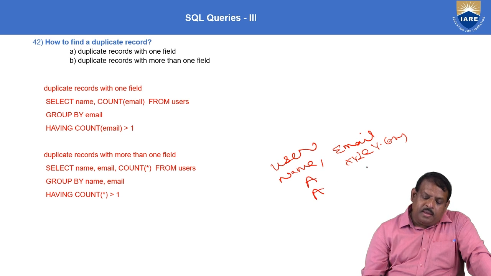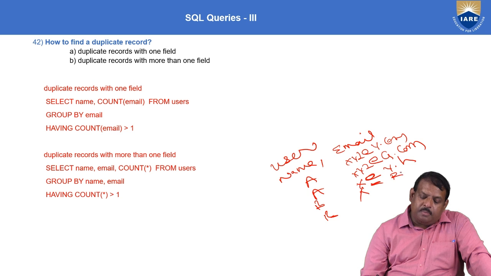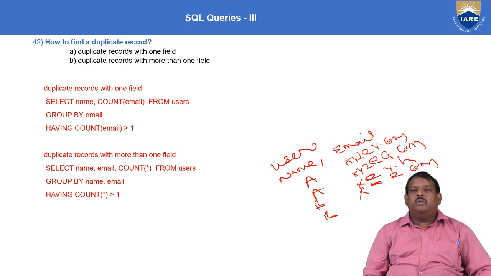Again, username I have xyz@gmail.com. Again, I have something called b x@yahoo.com. Again, b x@pdf.com. These are the four values.